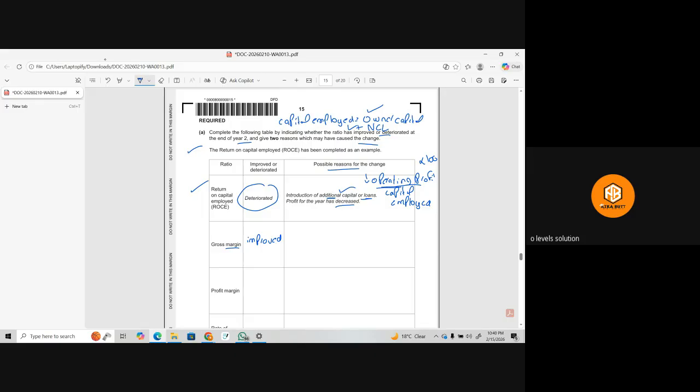So it means that your GP is increasing, like your GP is taking a higher percentage of your revenue. So it may mean that maybe your sales have increased because maybe you are selling the goods at a higher price.